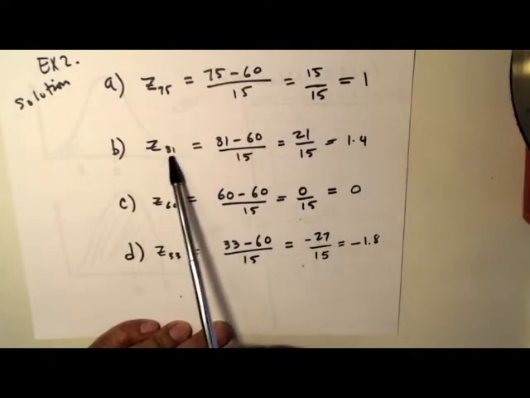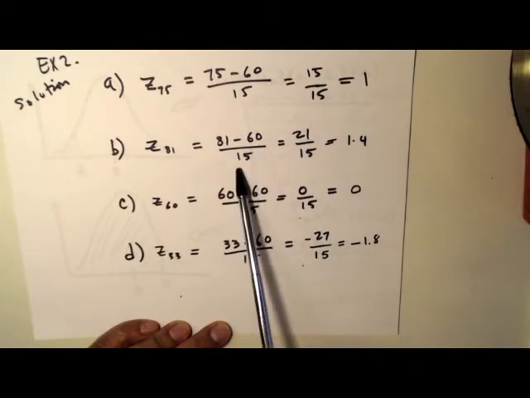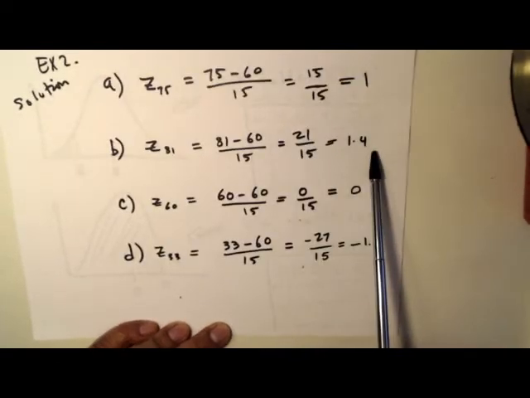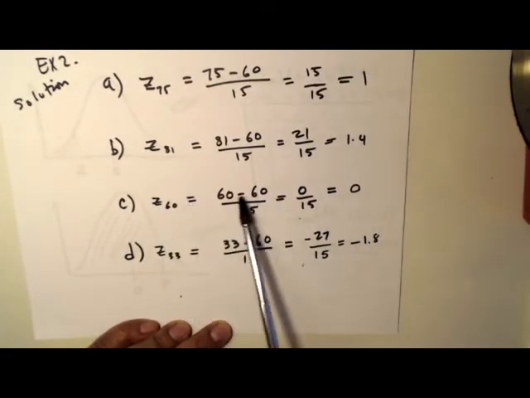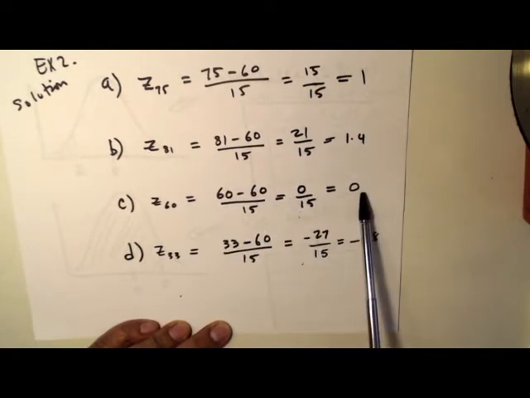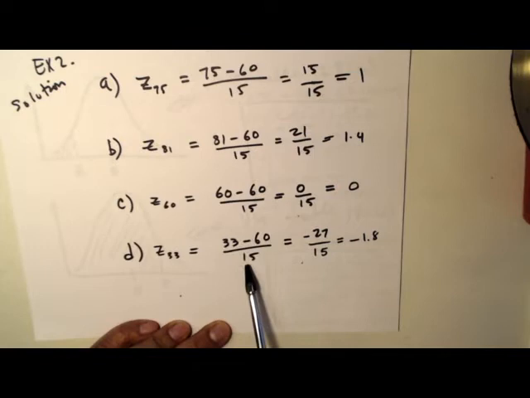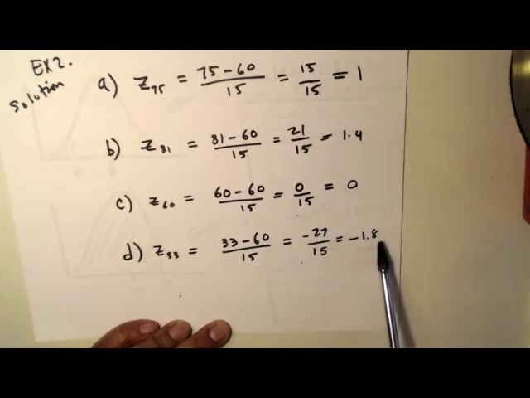The Z-score for 81 will be equal to 81 minus 60 divided by 15. 21 divided by 15 is equal to 1.4. The Z-score of 60 is going to be equal to 60 minus 60 divided by 15. This will be 0 divided by 15, that's equal to 0. And the Z-score of 33 is going to be equal to 33 minus 60 divided by 15. That results in minus 27 divided by 15. The end result is minus 1.8.